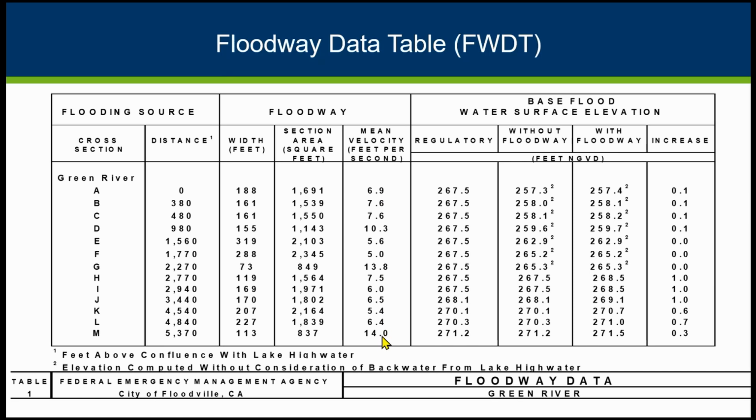So this is a good place to see what the velocities are in that part of the floodplain and see if that's an option you can allow for a particular site. The area that our zoning folks and permit folks will use the most is over here on the right. We've got the regulatory column without floodway, with floodway, and increase, and I'll be getting into a little bit more about what those mean in a few slides.